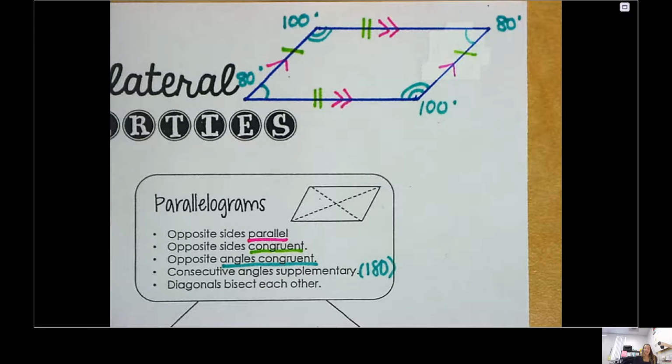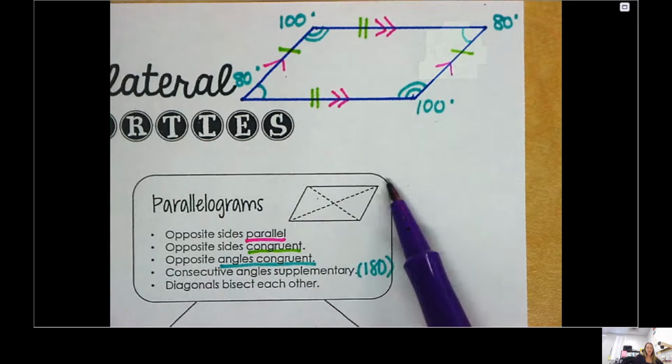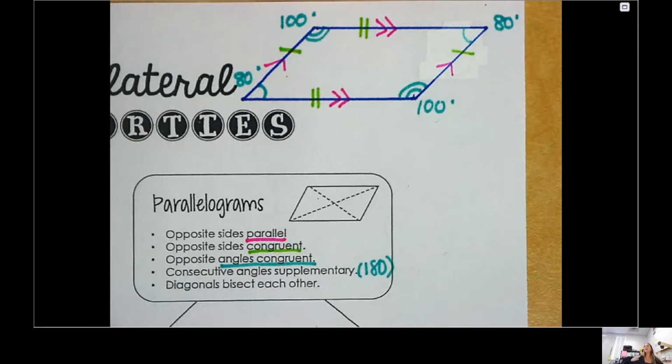Last part is that diagonals bisect each other. What does the word bisect mean? Anybody remember? Splits in the middle. Good. So diagonals in the picture down here, they're these dotted lines right here. If you're cutting them right in the middle, that means the two pieces that are left are the same.